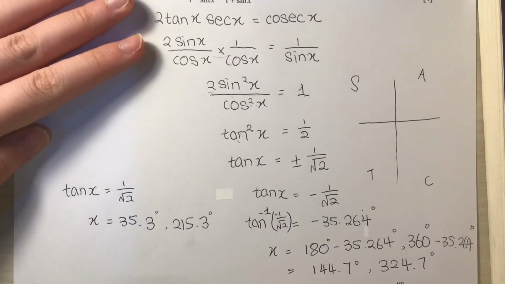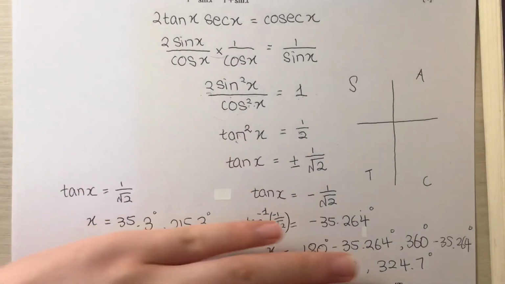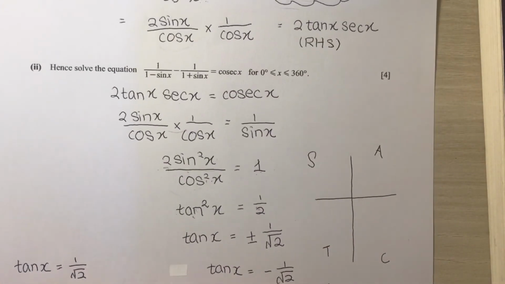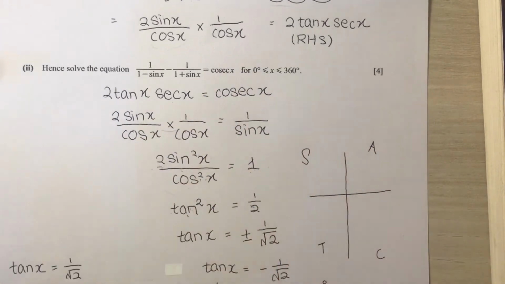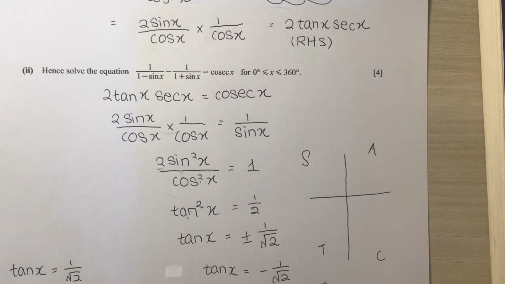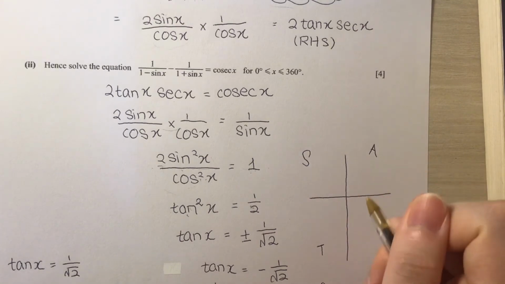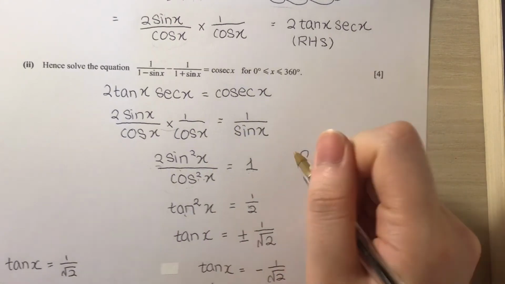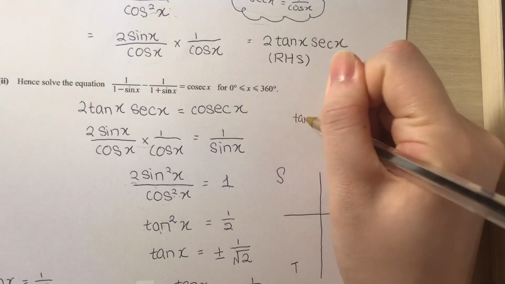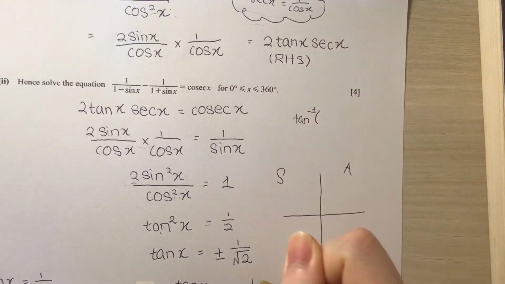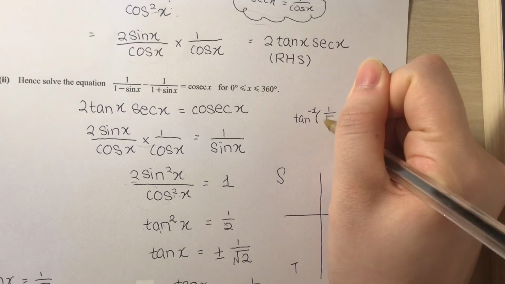Well, all the bottom part of the calculation may seem complicated, but we can always start by looking at the diagram over here again. This is the trigonometry diagram that usually your maths teacher will ask you to use during your exam. Since in this question we involve tangent, when you press on your calculator tangent -1 bracket, let's say we look for 1 over square root of 2 first.